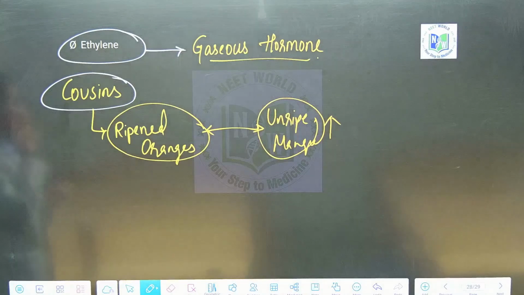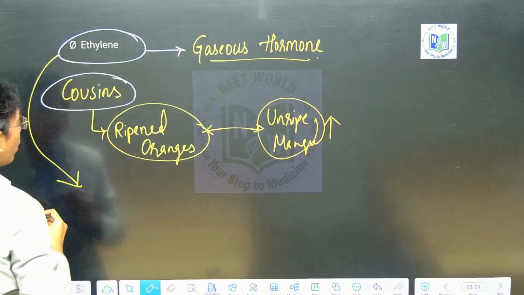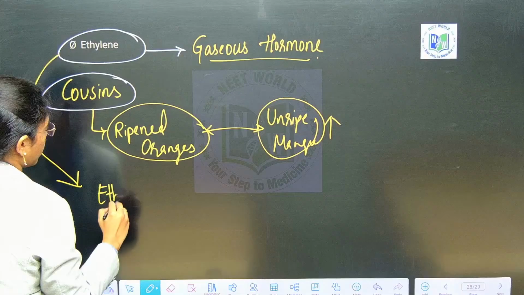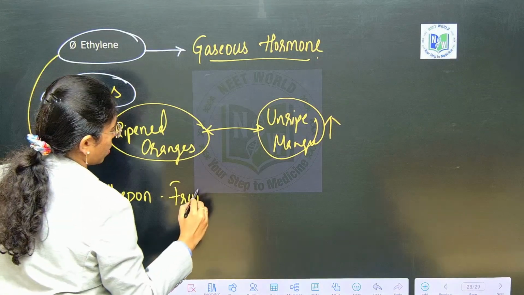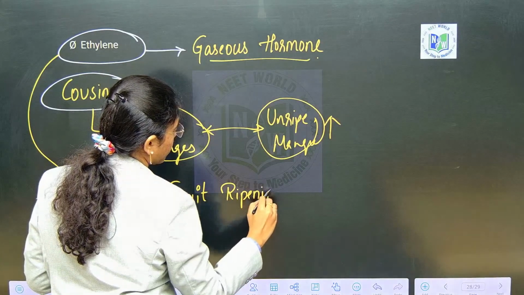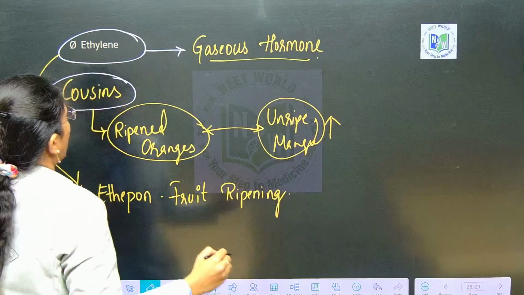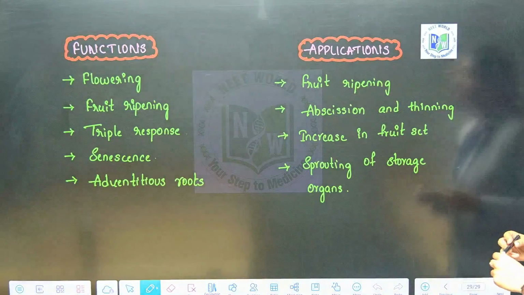Fine, right? Who discovered that? Auxins. And in recent applications, we use ethylene in the form of ethephon for fruit ripening. After this, let us look into the functions of ethylene.